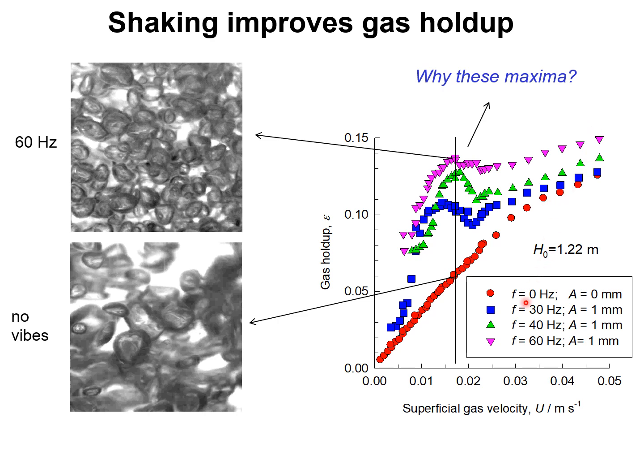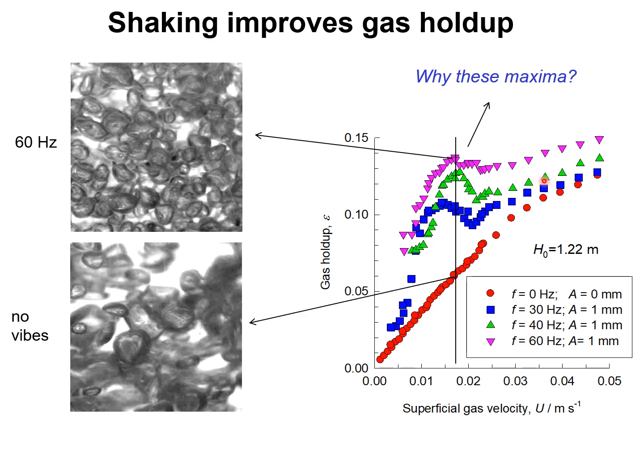The red circles are for an unvibrated column. The blue squares are for a column subjected to a vibration amplitude of 1 millimeter, and the liquid phase is vibrated at a frequency of 30 Hertz.